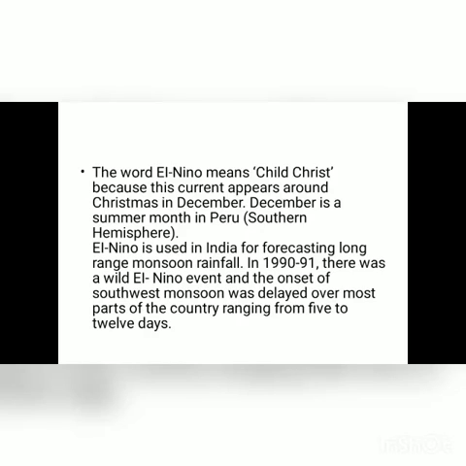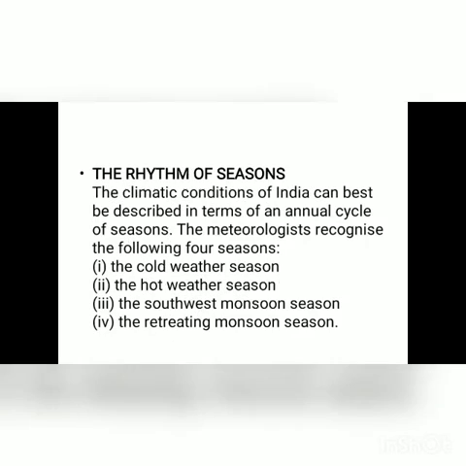In 1990-91, there was a wild El Nino event and the onset of southwest monsoon was delayed over most parts of the country, ranging from 5 to 12 days.